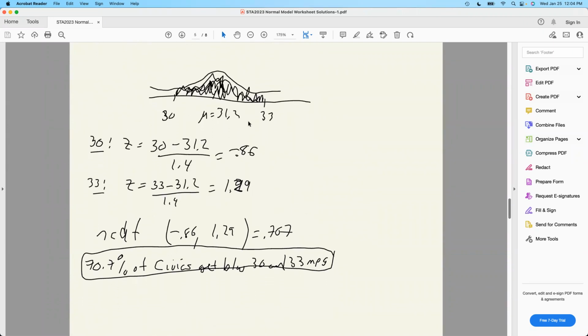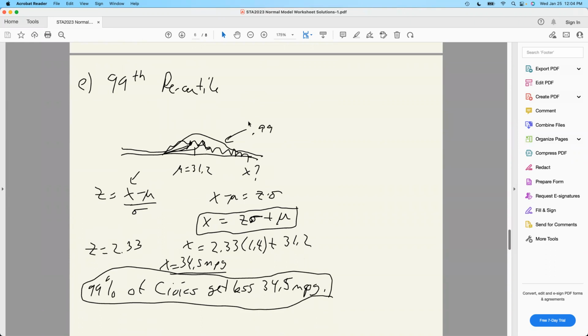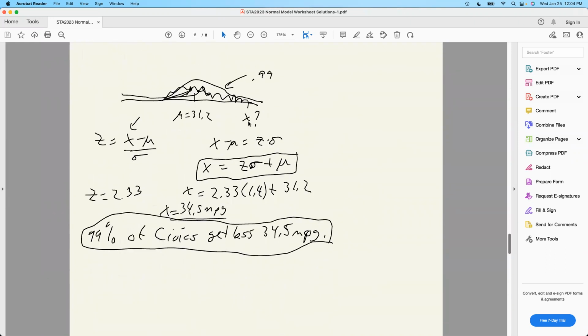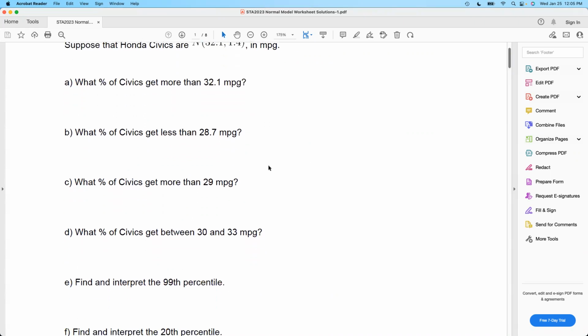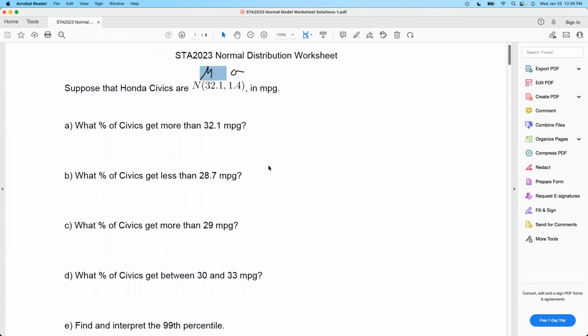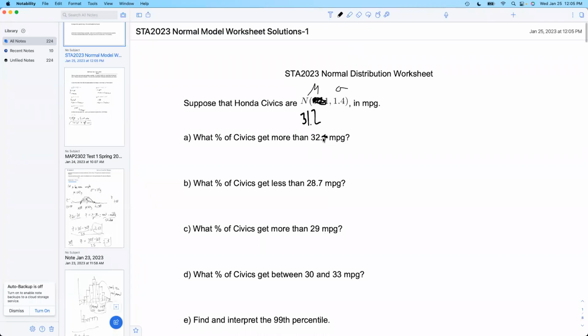I wrote this document up a few years ago. I'm literally just looking at it now. You know what we're going to do? We're going to change that right there to say 31.2, because that's the number I used in all these problems. That's so funny. Okay, so let's fix these. 31.2.